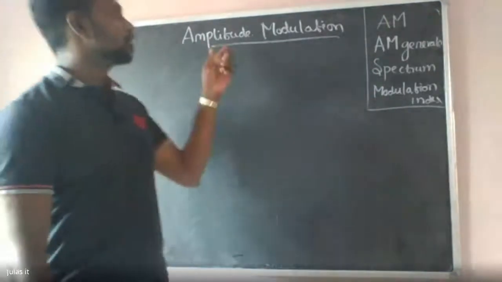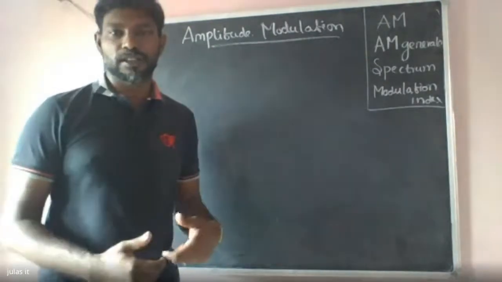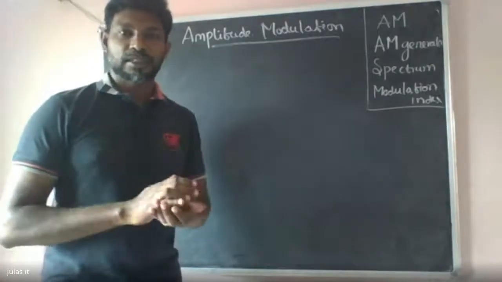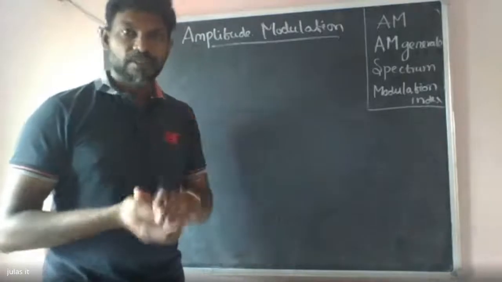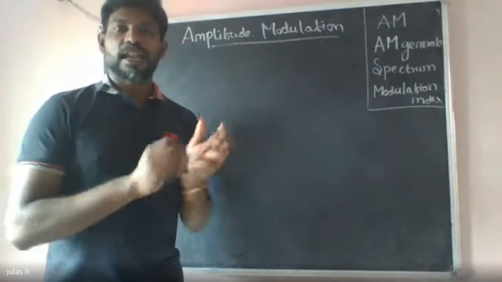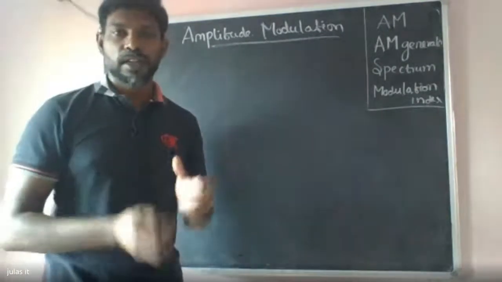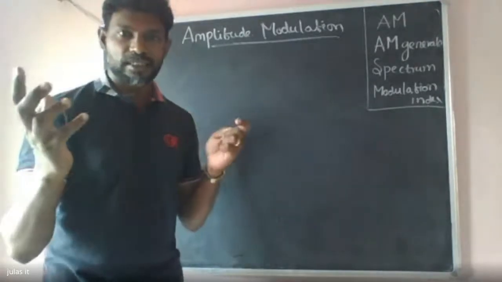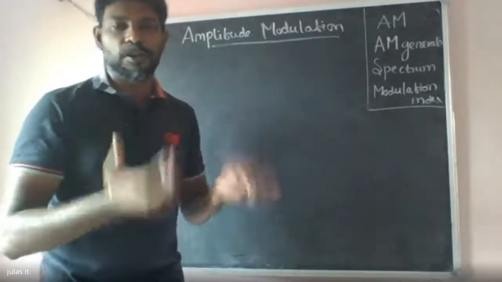So when you say what is amplitude modulation, already you know what is modulation. I try to recap once again. Modulation is nothing but a method or a technique or a process where a message signal, that is nothing but an information signal, needs to be carried through a long distance. So what we do, a small message signal and a carrier signal, we embed both, and this technique is called modulation, right?